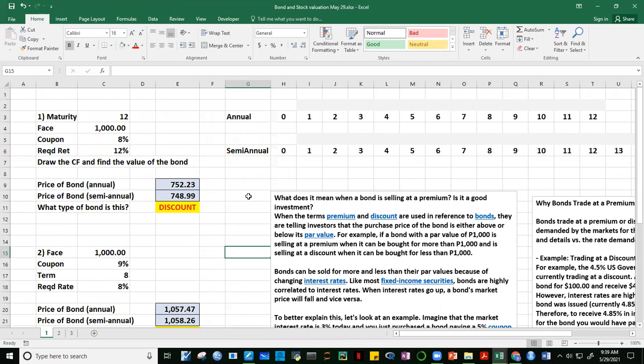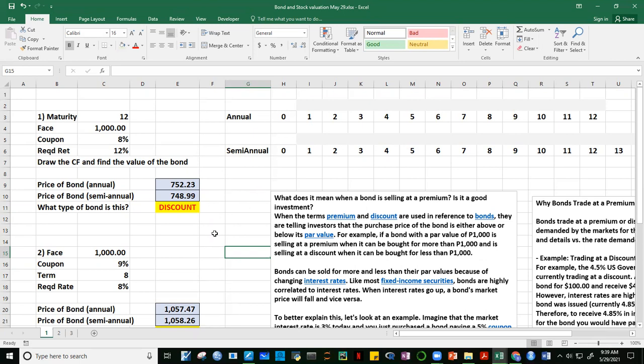Any asset for that matter. We have learned before that in order to value any asset, we just need to determine the future cash flows that can be generated from the asset and then get the present value. By getting the present value, you know the current intrinsic value of that asset.